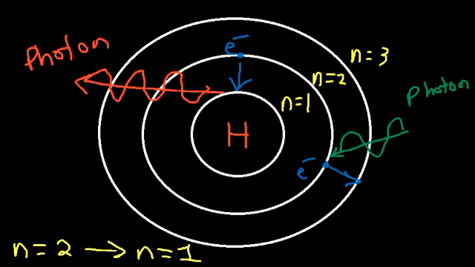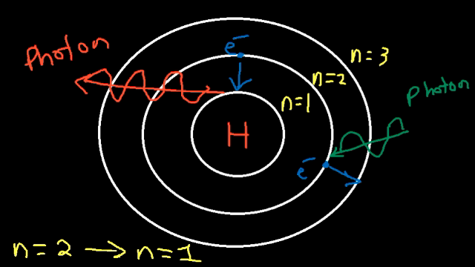If it falls down to a lower energy level, it's going to release a photon. So how can we calculate the energy of the photon that's absorbed or emitted whenever an electron within a hydrogen atom either falls down an energy level or jumps to a higher energy level? How can we quantify the photon's energy?